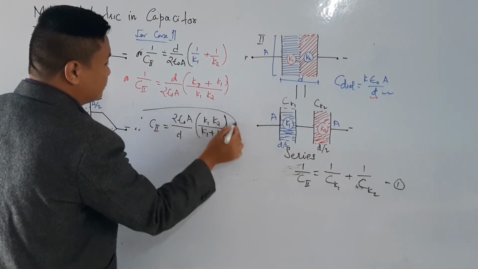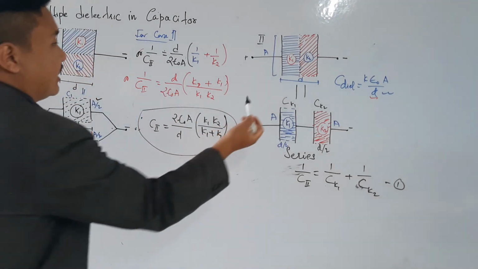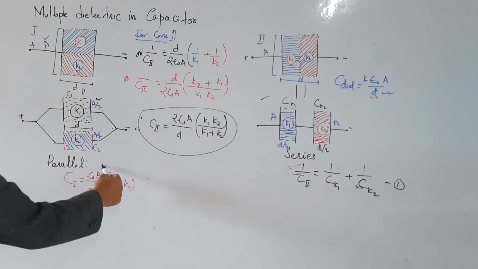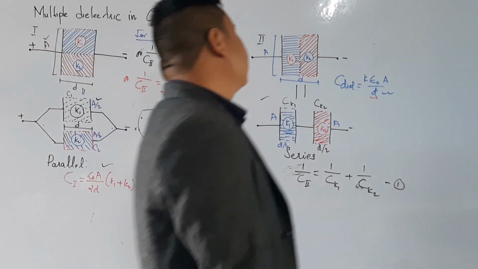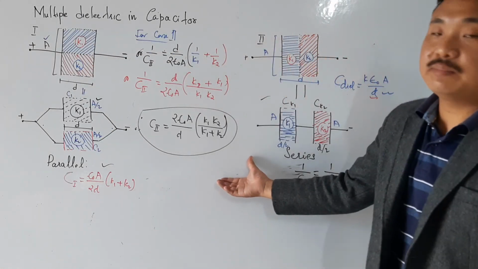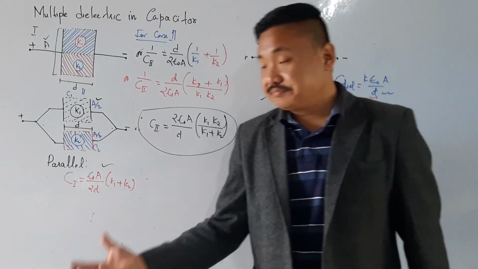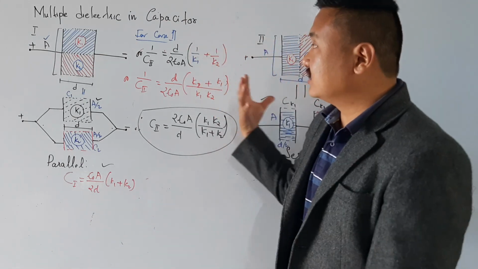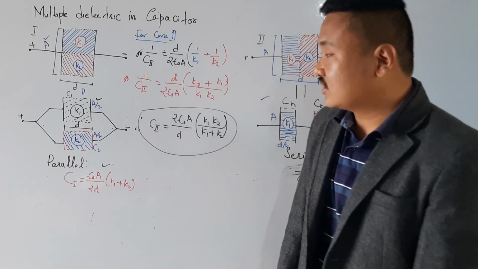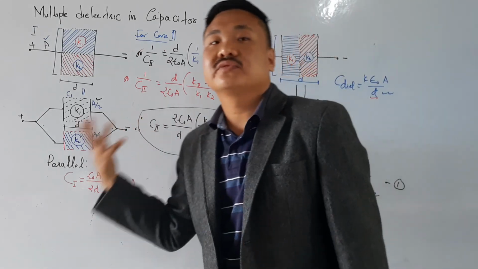So this is the formula for case 2 and this is the formula for case 1, and you have to remember these two formulas because they are very, very important. In the last lecture of this chapter we are going to do this kind of question. Thank you.